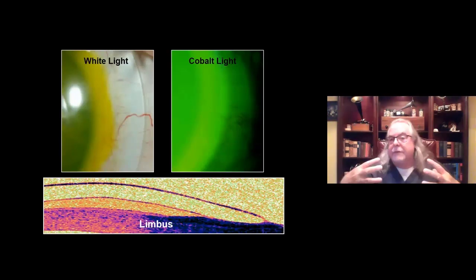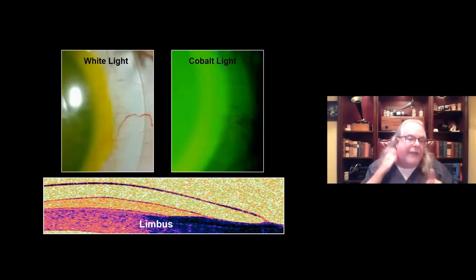Now, I like to view this limbal clearance best with the white light of the slit lamp. It allows me to see exactly where the cornea stops and where the limbus begins, and when I see fluorescein bleeding over into that area beyond the limbus, I know I have created my desired limbal clearance.